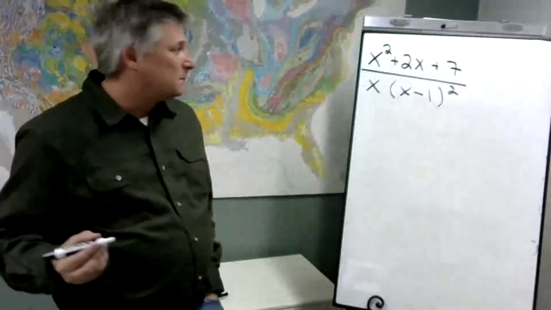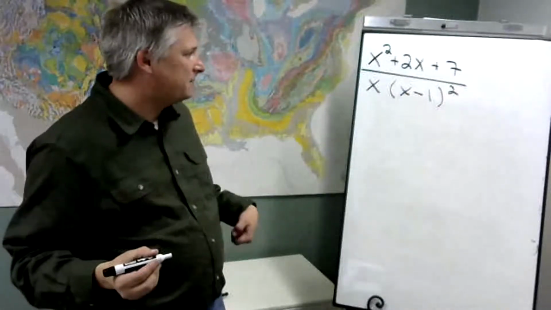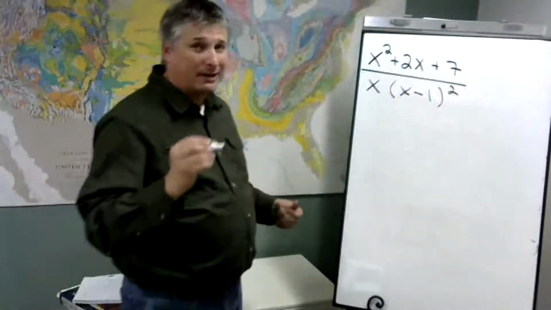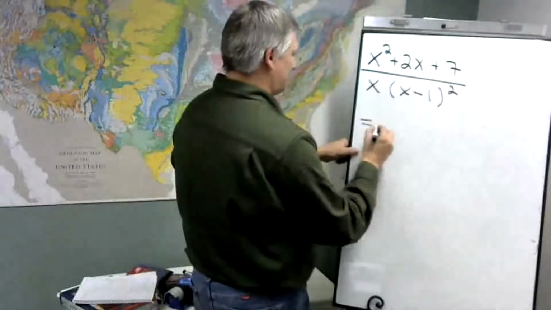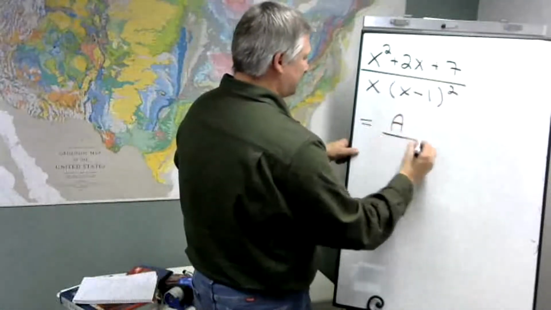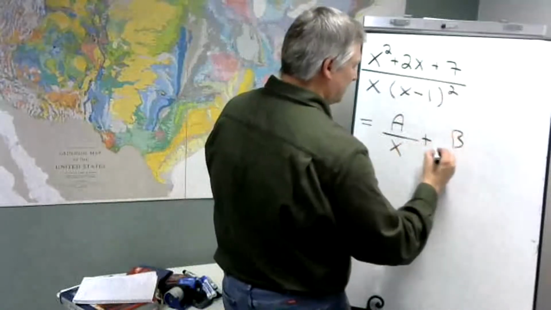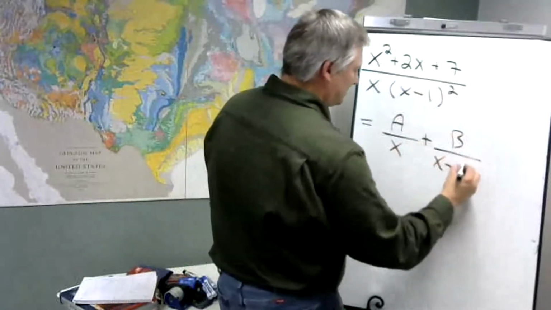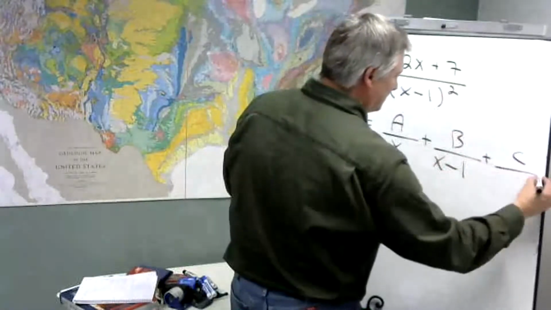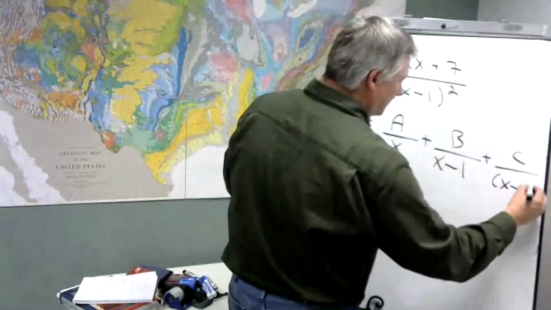So what we're going to do, we're going to have to break this up like so. We'll have an a over the x, but then we'll have a b over the x minus 1 and a c over the x minus 1 squared.